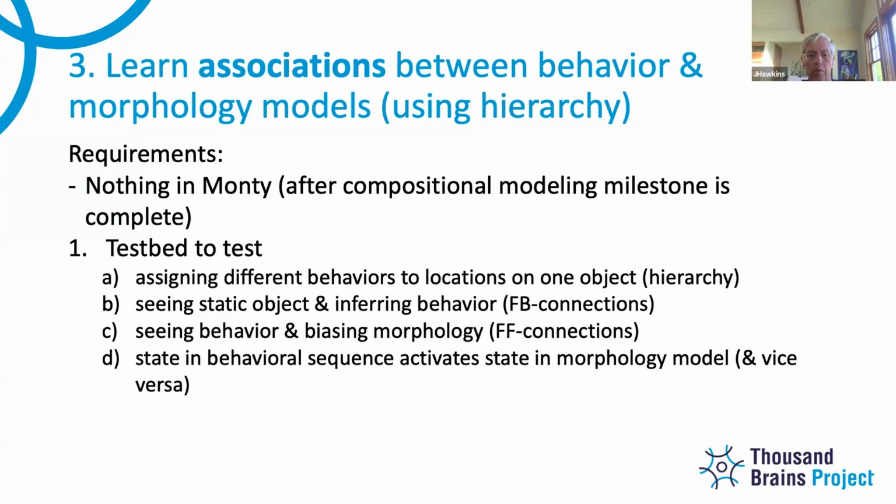I guess on point B, we were just saying that you would say seeing a static object, and biasing behavior. Yeah, so there, I was thinking of the feedback connections. We could solve it just with the feed forward and feedback connections, but if we don't always have that, then it would be seeing a static object at some location would infer behavior or something like that. Yeah, exactly, I think that would be the ideal solution.